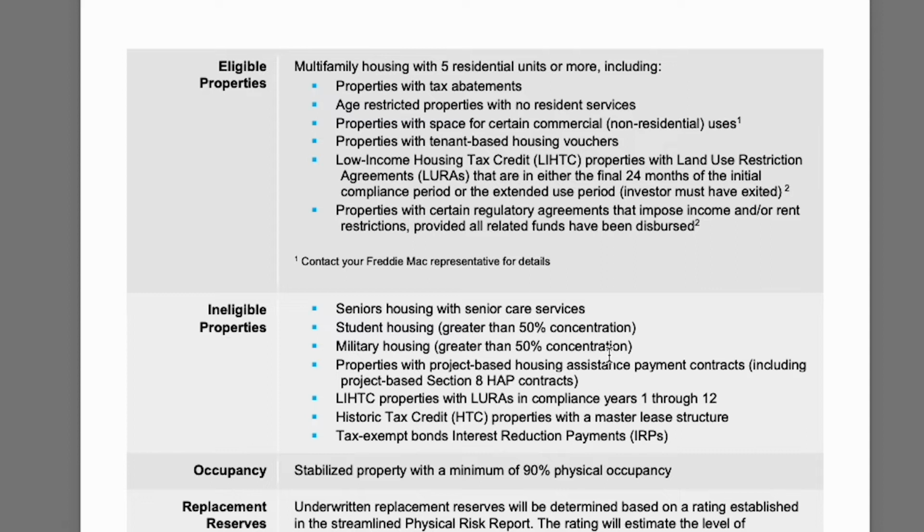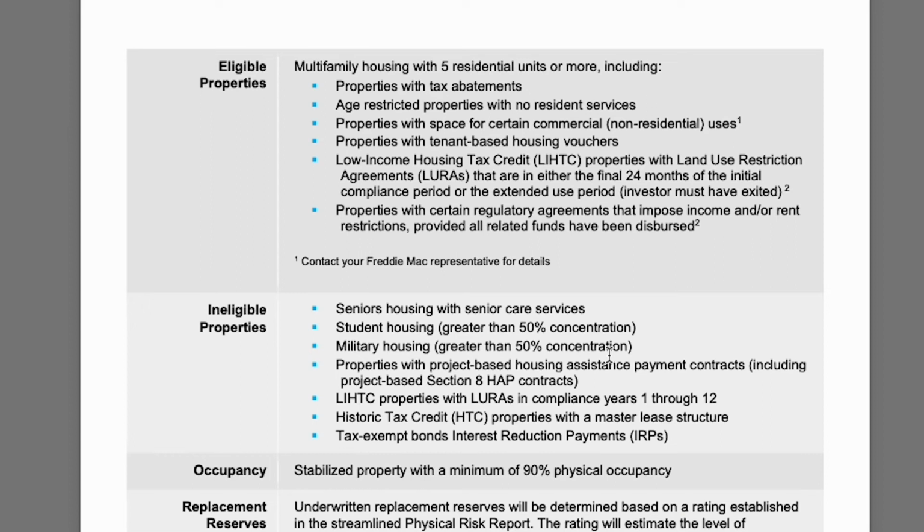So this includes properties that have low-income housing units allocated, that have low-income housing units within that property. And this includes properties with certain regulatory agreements that impose income or rent restrictions, provided that all funds have been dispersed. So they tell you all 5 of the details, all the types of properties that you can buy with this loan.